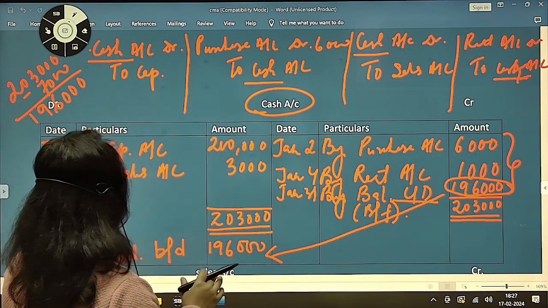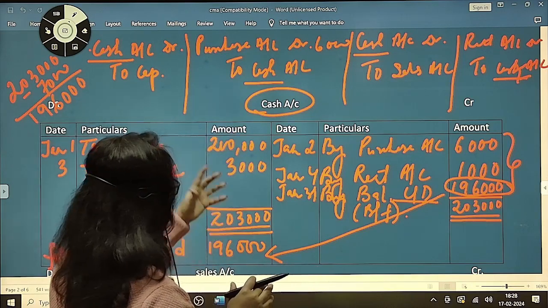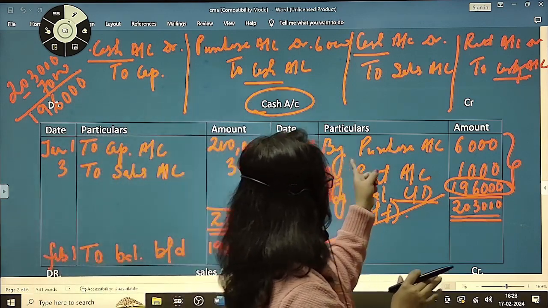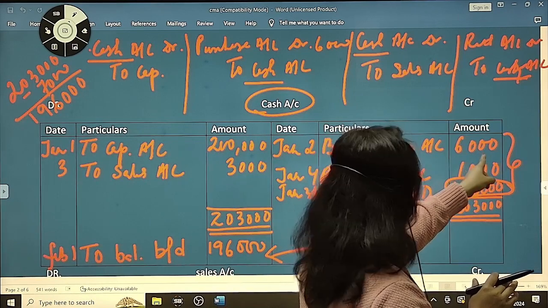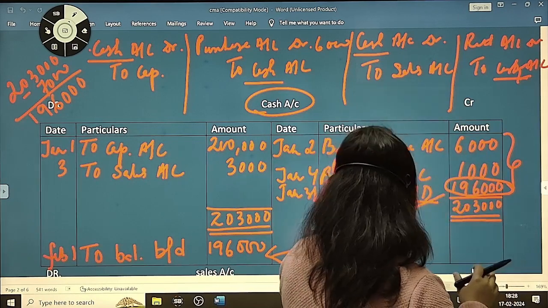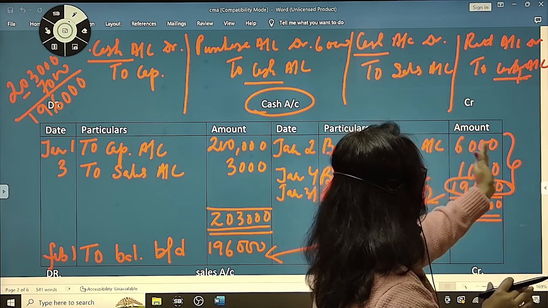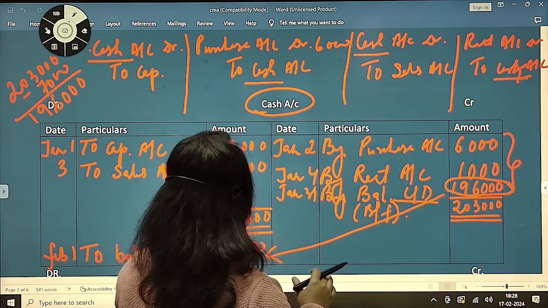Then he sold goods for 3,000. So the entire month, money has come 2 lakh 3,000. Then he has purchased goods for rupees 6,000. We have given entry here from journal. Then Ajay has paid rent 1,000. So here expense is 7,000 and the money came into the business, that is 2 lakh 3,000.